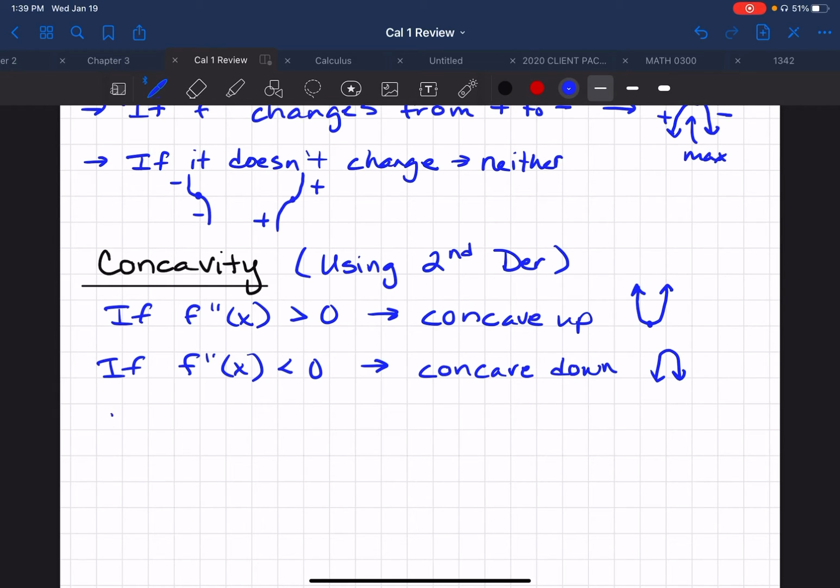So here, we're going to find the second derivative and set it equal to 0. This time you're going to use those zeros to set up intervals, just like we did before, but with the second derivative.